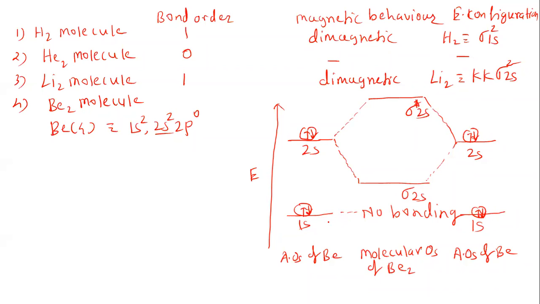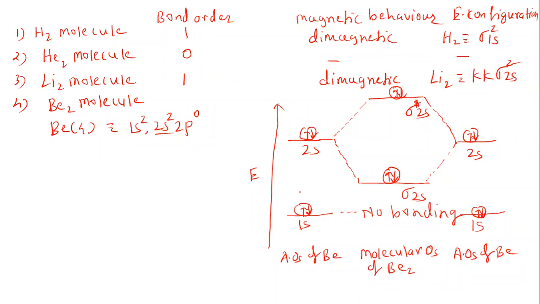Now there are 2 plus 2, 4 electrons in the beryllium molecule. So we can represent the 4 electrons here. 2 go into the bonding molecular orbital and 2 go into the anti-bonding molecular orbital.